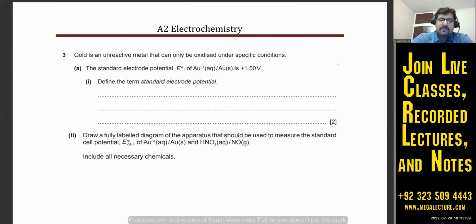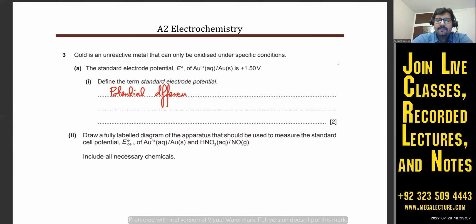Define the term standard electrode potential. So it's the potential difference calculated between... How do you measure the standard electrode potential? You measure it between a standard electrode and a reference electrode, which is the standard hydrogen electrode.